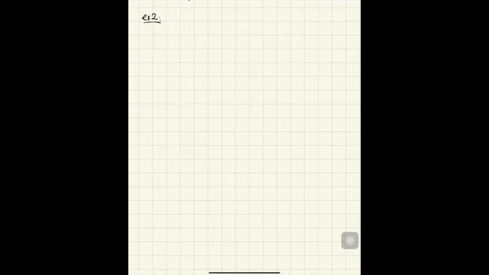So let's do another exercise problem. I'm going to write exercise 2. Okay, so we're going to have, again, another right angled triangle here. Okay, and I am going to say that we know that sine of x is equal to 0.5. Okay, so this is my x, this is my 90 degrees.